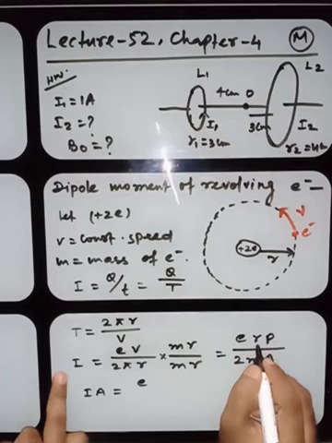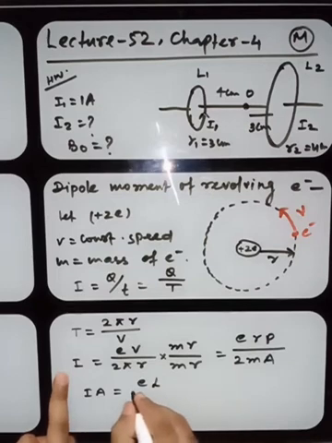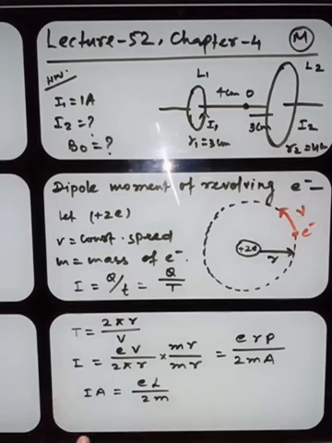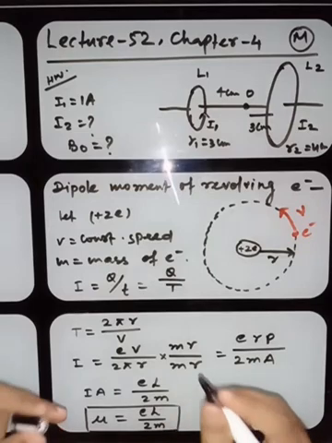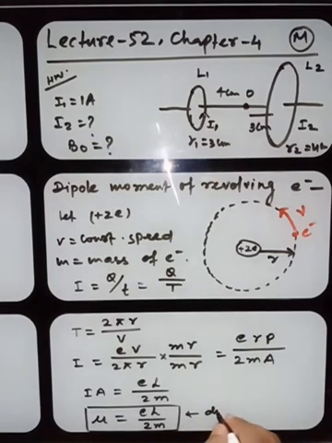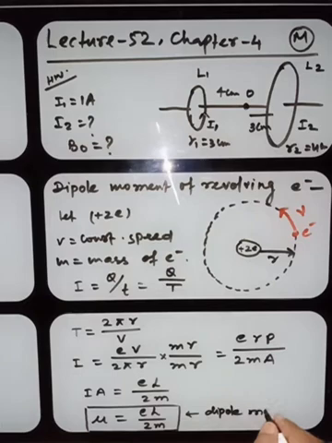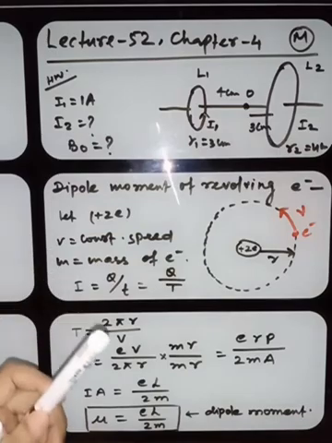Try to remember, you have studied in rotation that r cross p was angular momentum, which we used to represent by L. So IA, which is the dipole moment, is eL by 2m, and this is the dipole moment of the revolving electron. Remember this dipole moment.